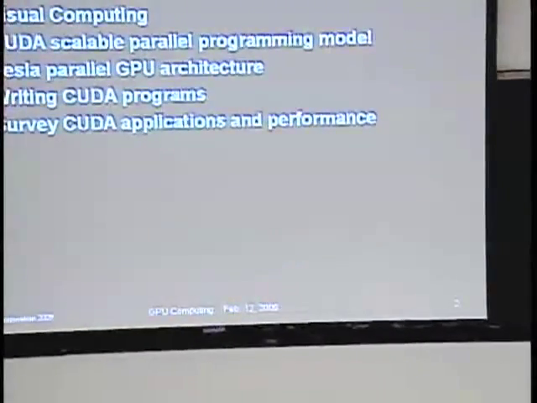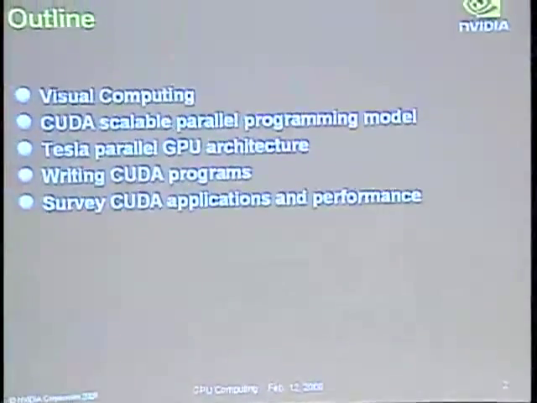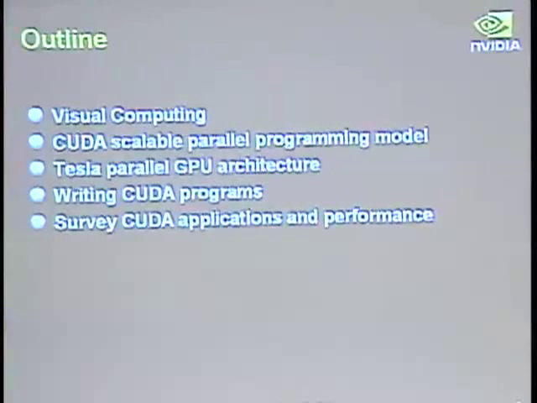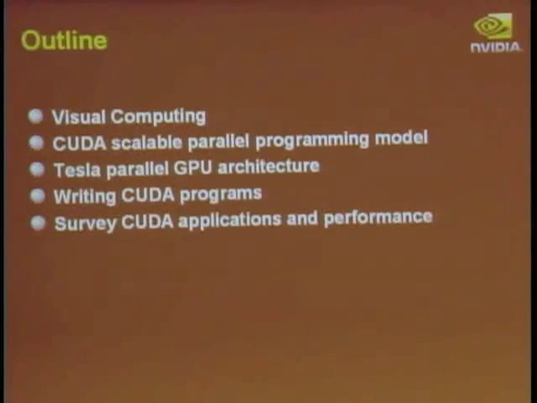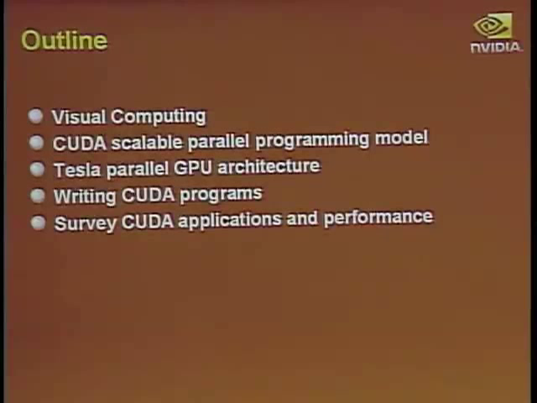Please interact and ask questions, and that's where the why part will come out, okay? I'm going to talk a little bit about what we mean by visual computing, and then about the scalable programming model represented inside of CUDA, and use that to motivate some of the ideas in the architecture that we call Tesla.